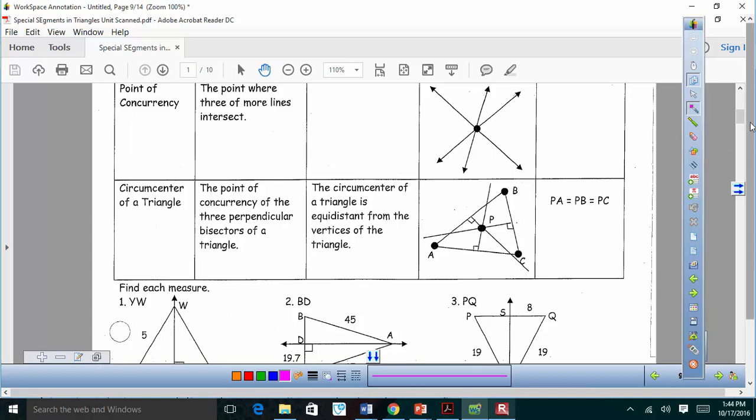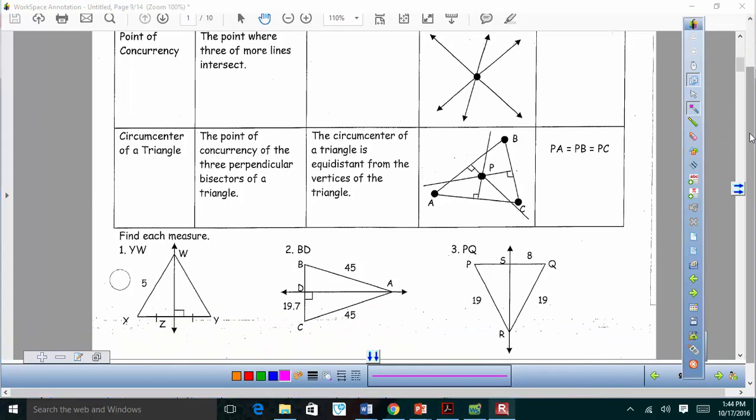Okay. We also talked about the point of concurrency on Friday. The point of concurrency is just a point where all the lines intersect. Three or more. Okay? Now, the circumcenter. So Friday we talked about the incenter.